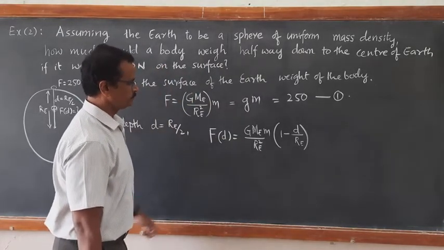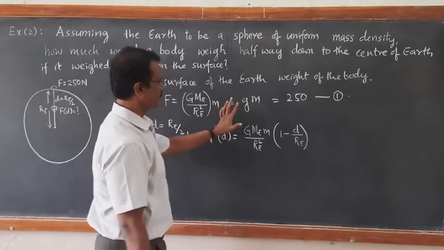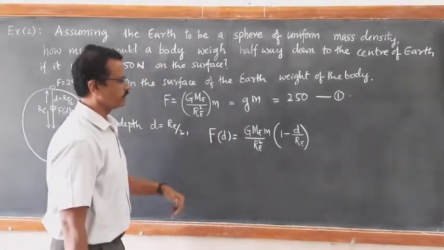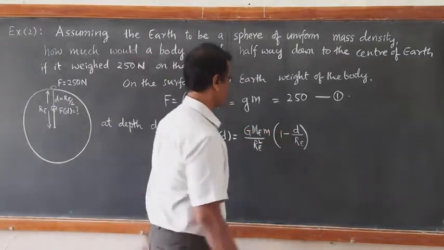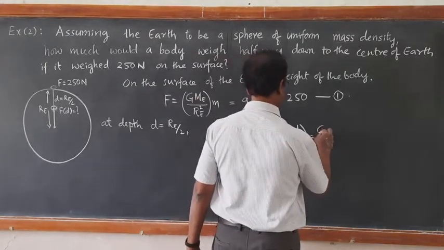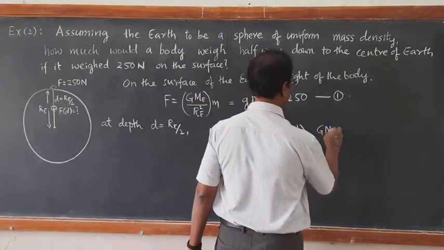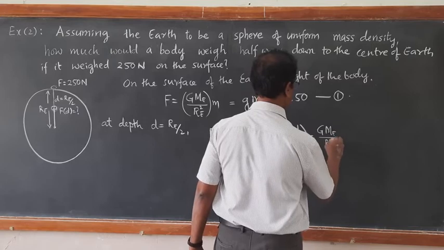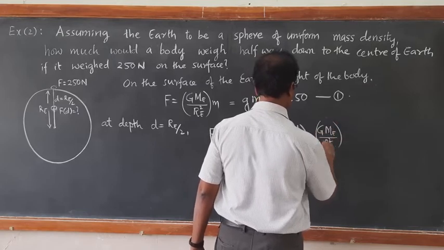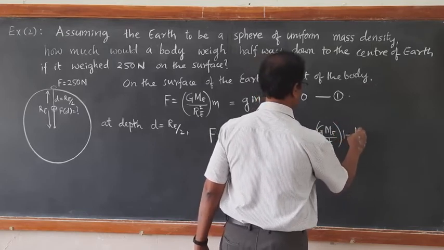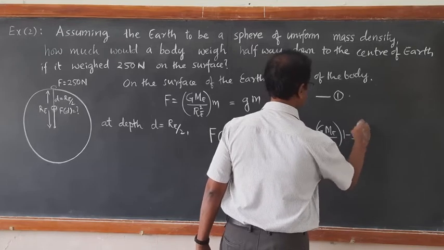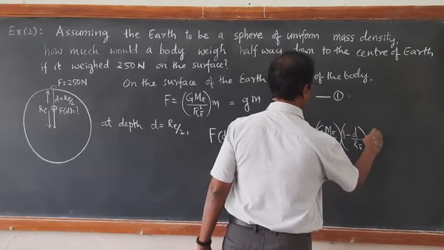If you want to write it in terms of acceleration due to gravity, you can keep this m on this side. So this becomes G Me upon Re square into 1 minus d upon Re into small m.